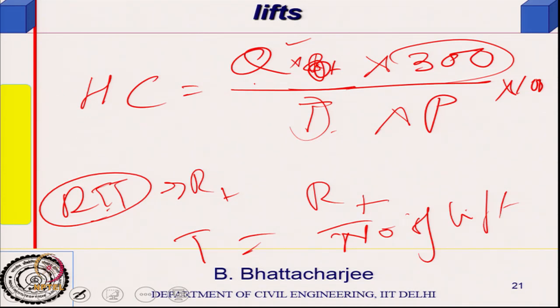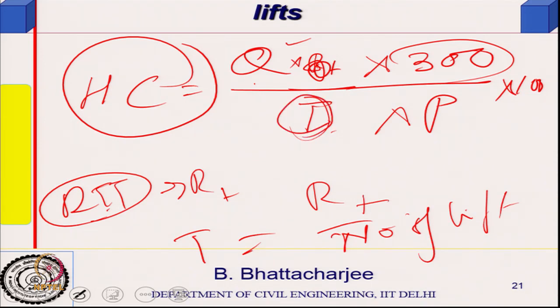So, if I know this handling capacity, and if I also know a desirable waiting interval, you can find out, for choosing a particular lift size, what the value of T should be.